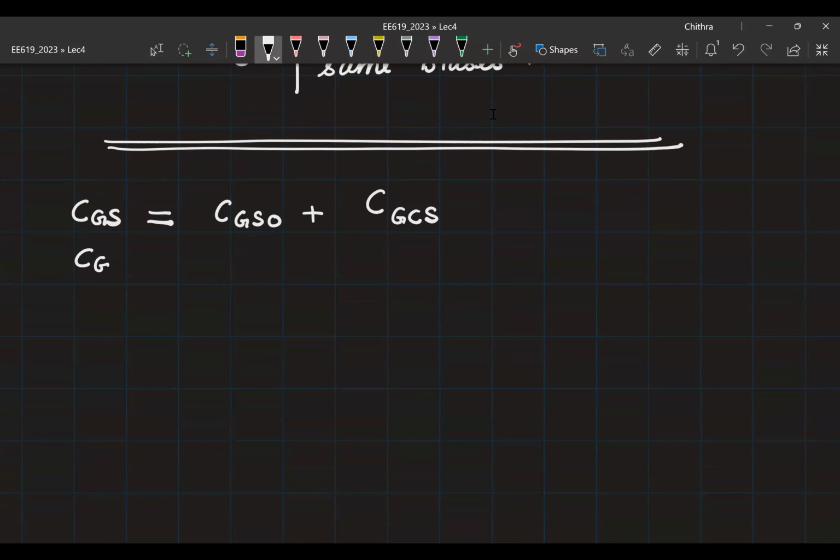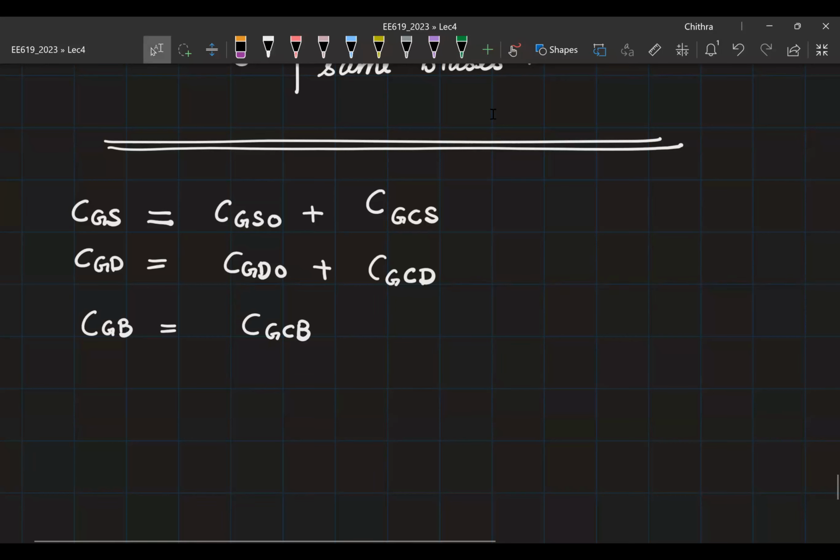Similarly, the gate to drain capacitance will be the overlap capacitance associated with the drain, as well as the gate to channel component associated with the drain. And finally, CGB is simply CGCB. And the key takeaway from all of this discussion should be, as you increase your width, your capacitance is also going to increase linearly.